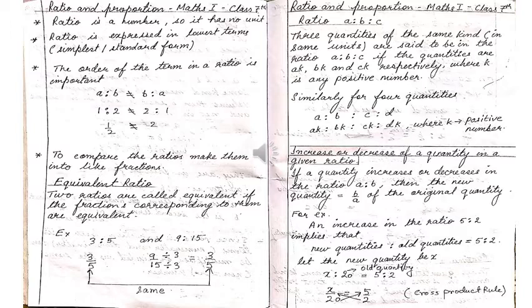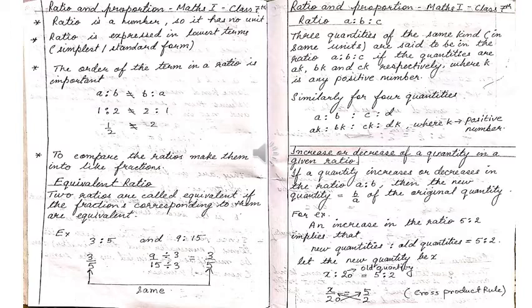Now, increase or decrease of a quantity in a given ratio. If a quantity increases or decreases in the ratio A is to B, then the new quantity will be B is to A of the original quantity. Let us understand with an example.